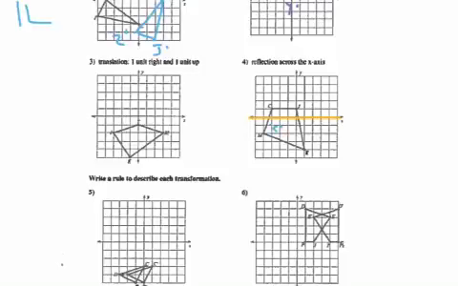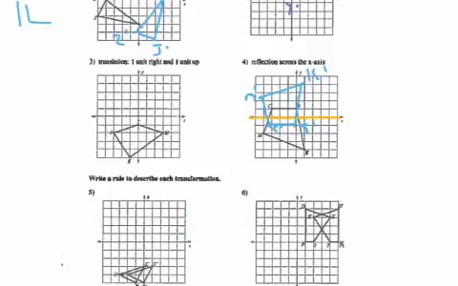For M, I'm down 2 units, so I have to go the reverse, up 2 units. For J, I'm up 1 unit, so I have to go down 1 unit. And for K, I'm down 1, 2, 3, 4 units, so I have to go up 1, 2, 3, 4 units. And you would have something that would look like this, and it's kind of hard to draw on here, so if you have questions, please ask your teacher.